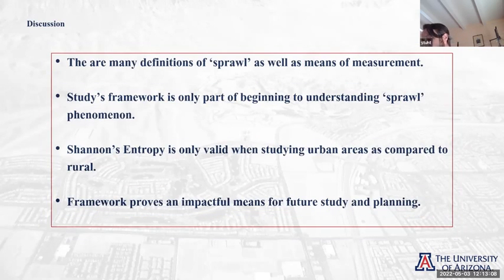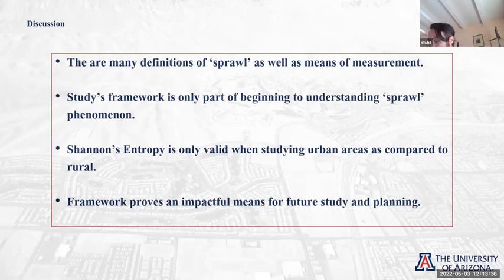To discuss, there are many definitions of sprawl, and there are many ways to measure the phenomenon. This analysis focused on one metric, Shannon's entropy, which again measures concentration or dispersion of a spatial variable. Using this metric is on a case-by-case basis, as cities in the US are prime beneficiaries, though entropy calculations of some world cities provide mixed results.